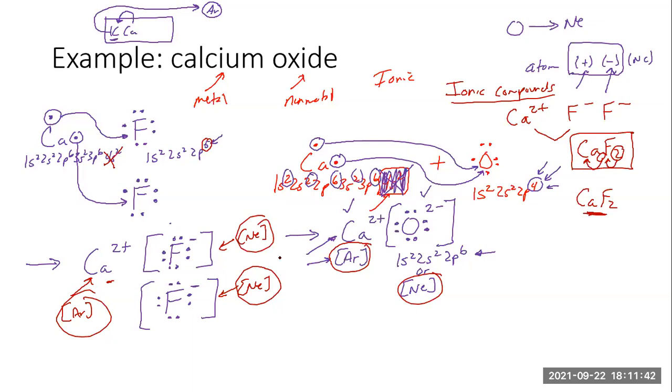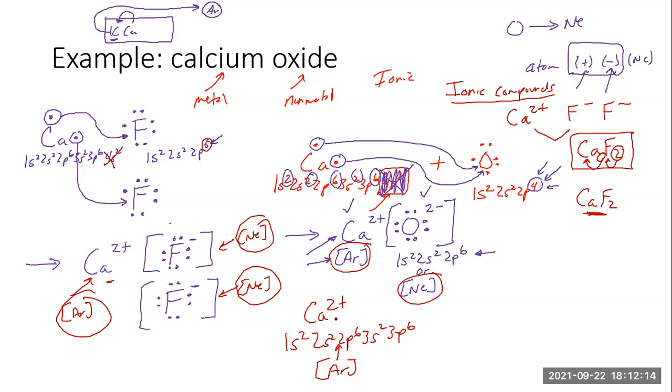So if you took calcium with a +2 charge and were asked to write the electron configuration for it, it would be 1s2, 2s2, 2p6, 3s2, 3p6, and that's 18 electrons. And that would be the electron configuration for calcium with a +2 charge. When you put a bracket with argon, that's a shorthand electron configuration that indicates that it's the same electron configuration as argon.